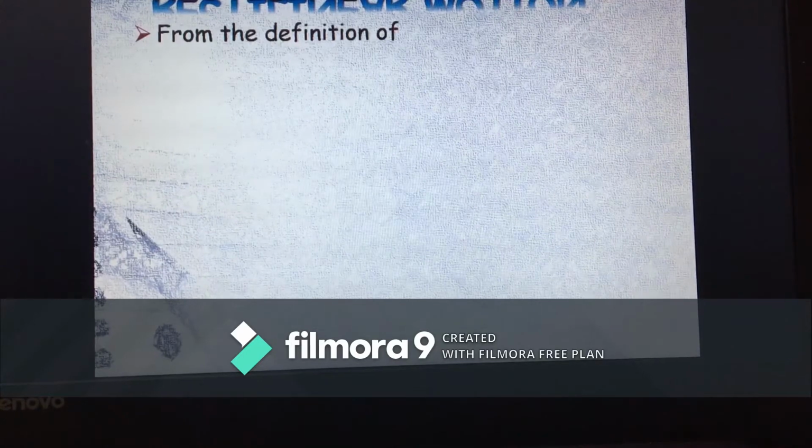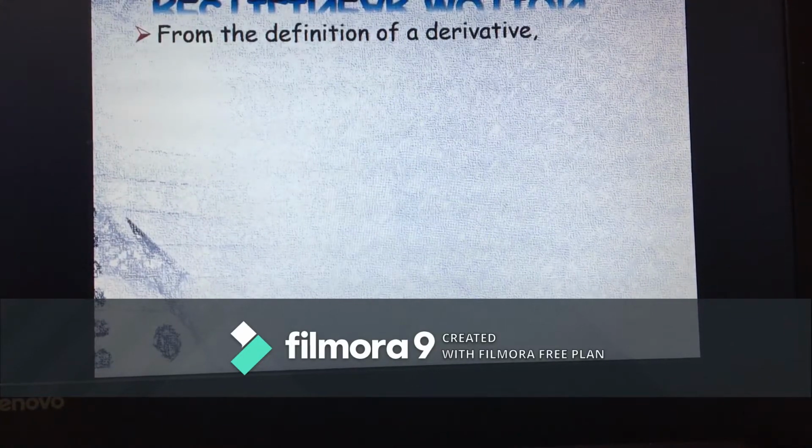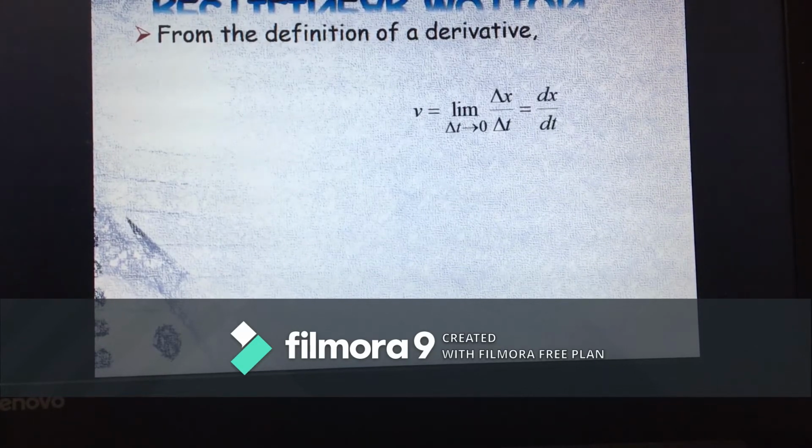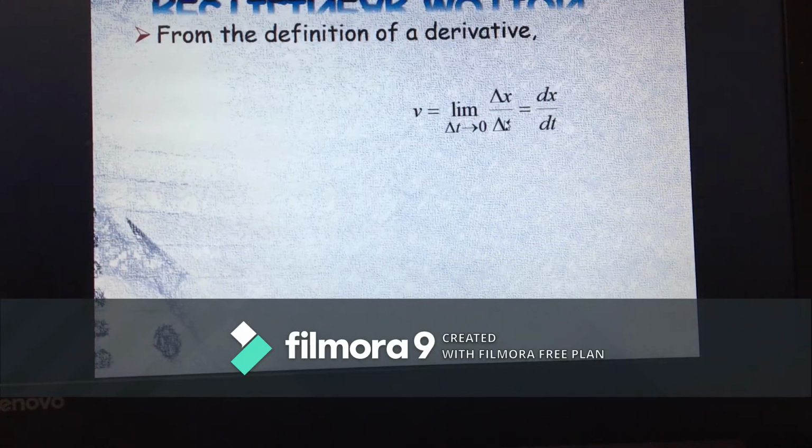Okay? Now, from the definition of derivative, we have here the instantaneous velocity, as mentioned a while ago. This is the limit of delta x with respect to delta t as delta t approaches 0.